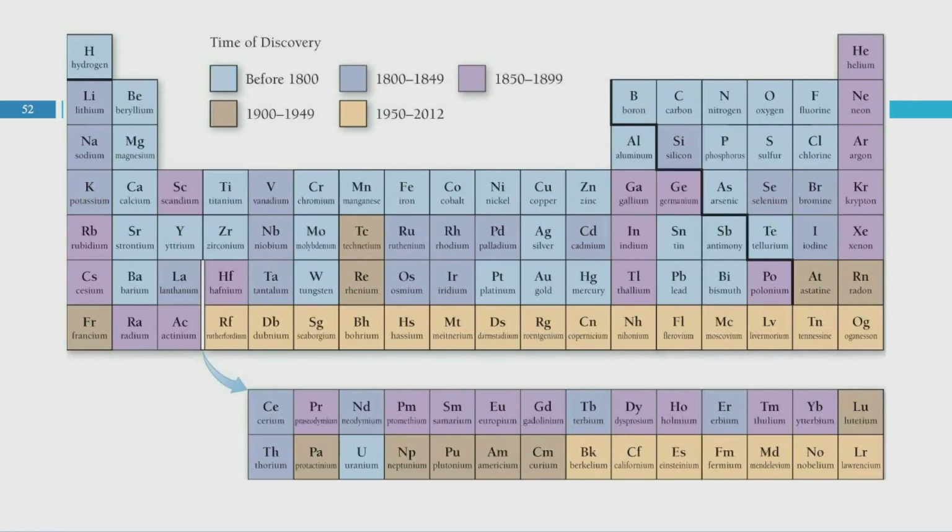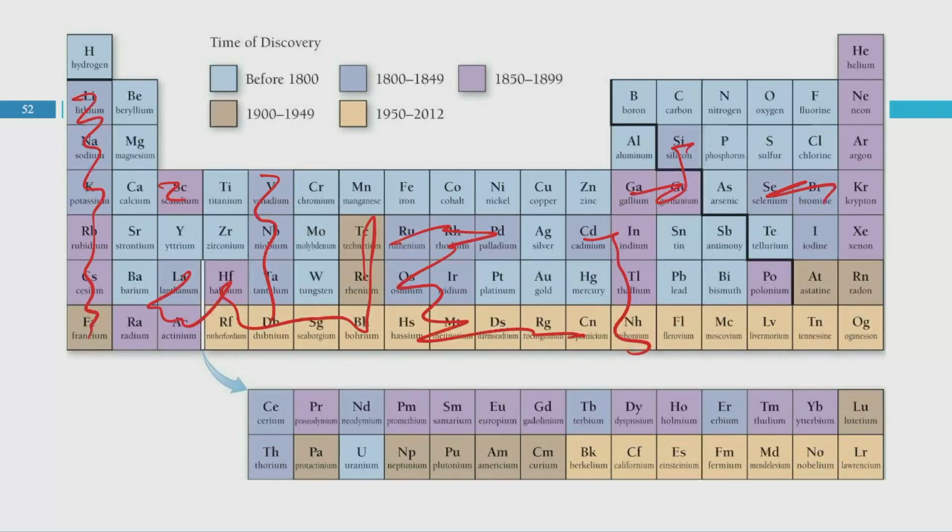So you can imagine, from this before 1800 or this 1800 to 1849, we've got a lot of elements in there, but we also would have a lot that would be missing. And so we wouldn't necessarily have enough information to be able to come up with a really good comprehensive periodic table if we're missing all of these elements that I scribbled over in red. Of course, we know about them now.